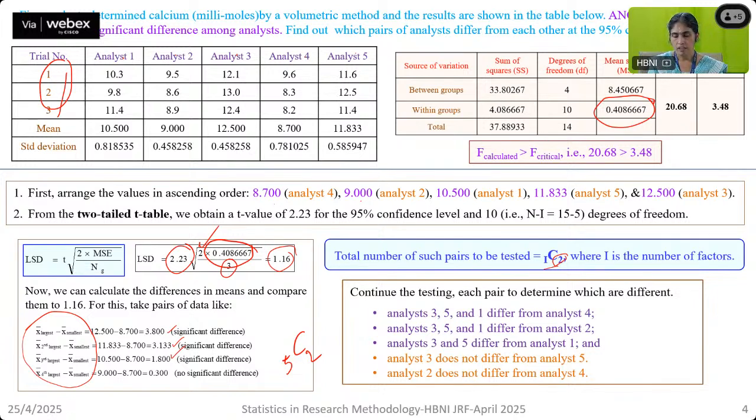Analysts 3 differ from 4, 5 differ from 4, 1 also differ from 4. So all the analysts 3, 5 and 1 differ from 4. But analysts 2 and 4 have similar properties, similar results. There is no significant difference between analyst 2 and 4. Similarly, you do the difference calculation and comparison with LSD, and you can come to the rest of the conclusions, namely analysts 3, 5 and 1 differ from the second analyst.